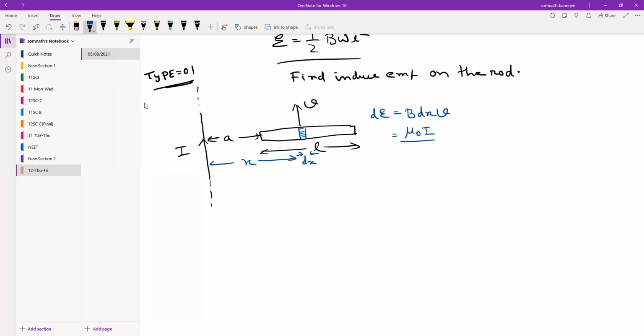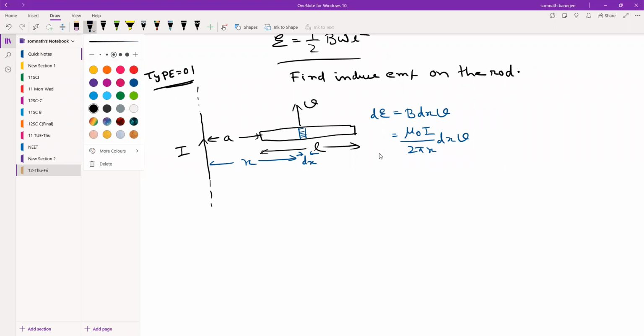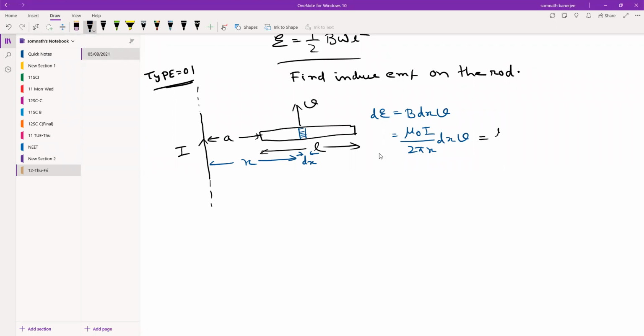Mu naught I by 2 pi x. So we can write mu naught I V by 2 pi, dx by x. Now taking integration both sides, this is 0 to EMF. That is mu naught I V by 2 pi, integration of dx by x from this end A to this end, that is A plus L.